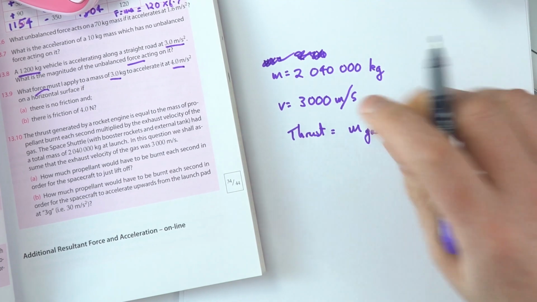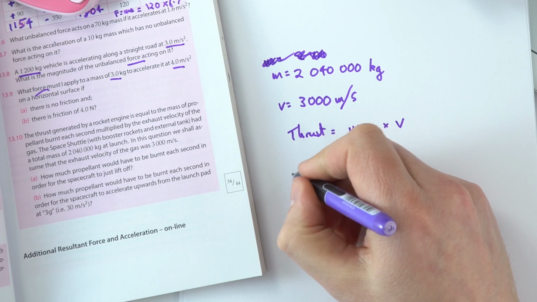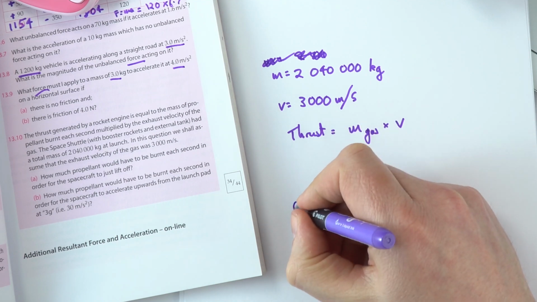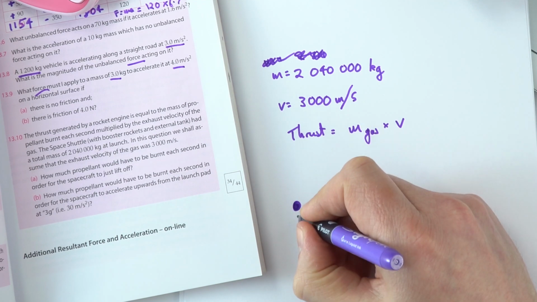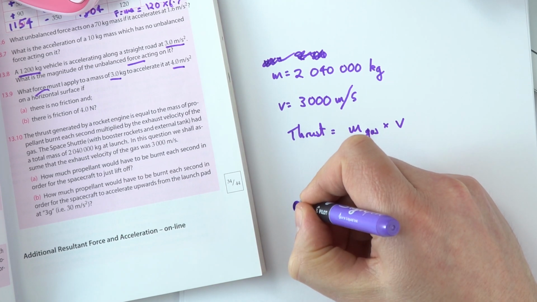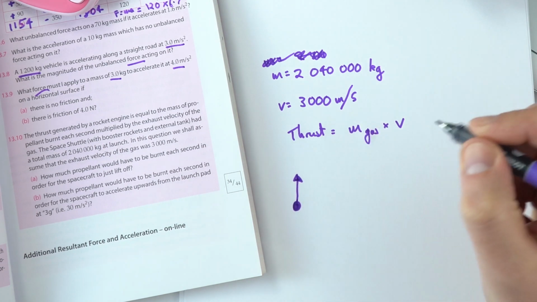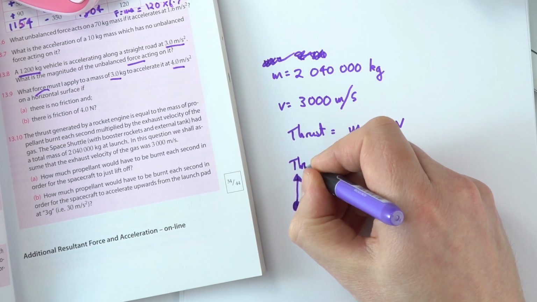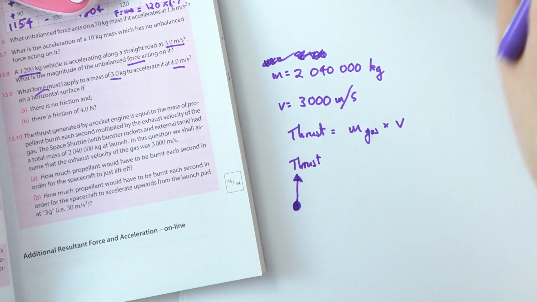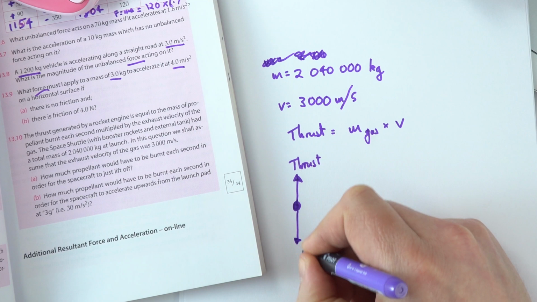Okay, what do we know so far? There's a lot of stuff here. Okay, let's think about this. So we've got the space shuttle here. It's got a certain thrust that has to be acting upwards for it to take off. So this is its thrust. Now, when it's just about taking off, there's a downwards force equal to the weight.